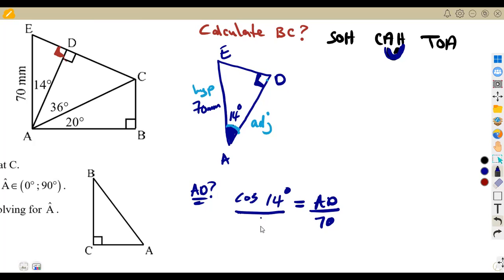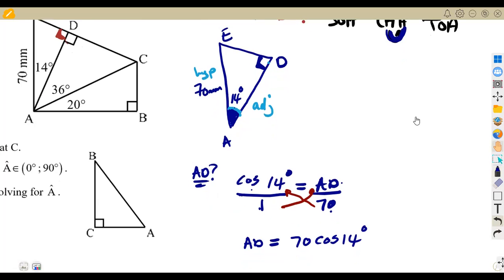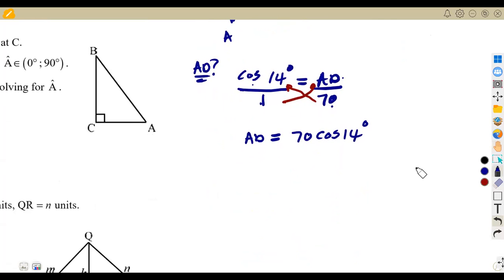If we cross multiply, 1 times AD, which is AD, is equal to 70 times cos 14. So this is 70 cos of 14 degrees, which is going to give you the size of AD.